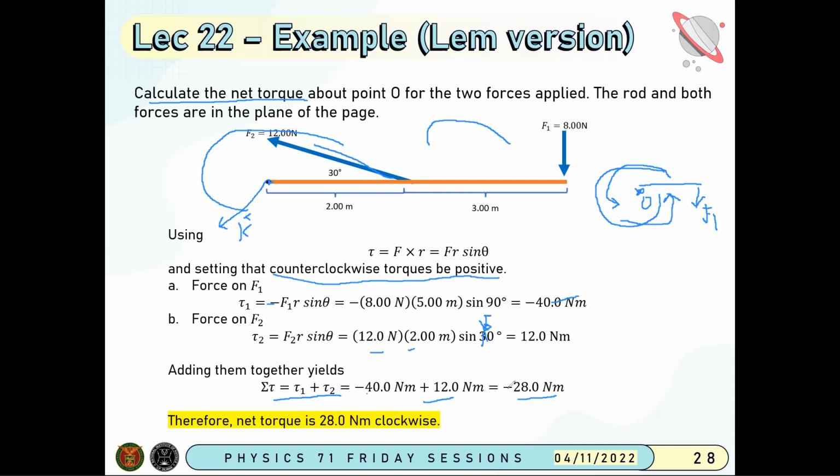And since negative siya, then ito yung magnitude, 28 Newton meters. And negative means yung opposite ng counterclockwise, which is clockwise. So, yung net torque nito, ang direction ay nasa negative k hat direction.